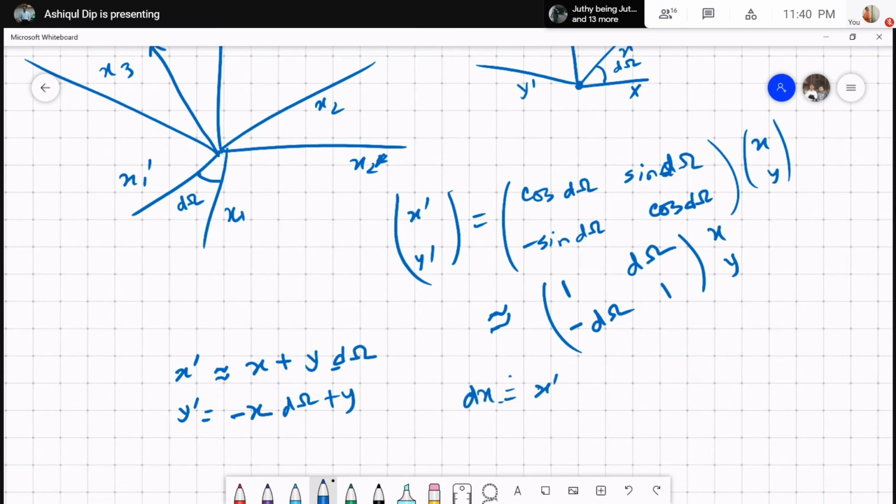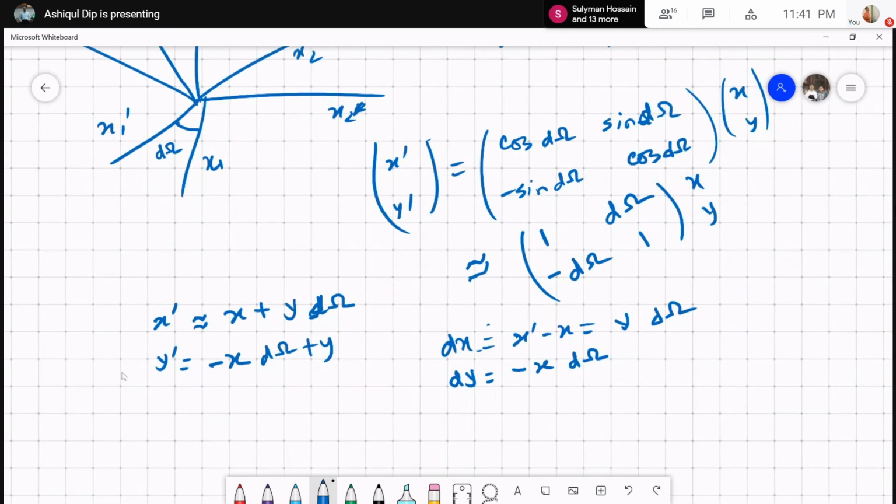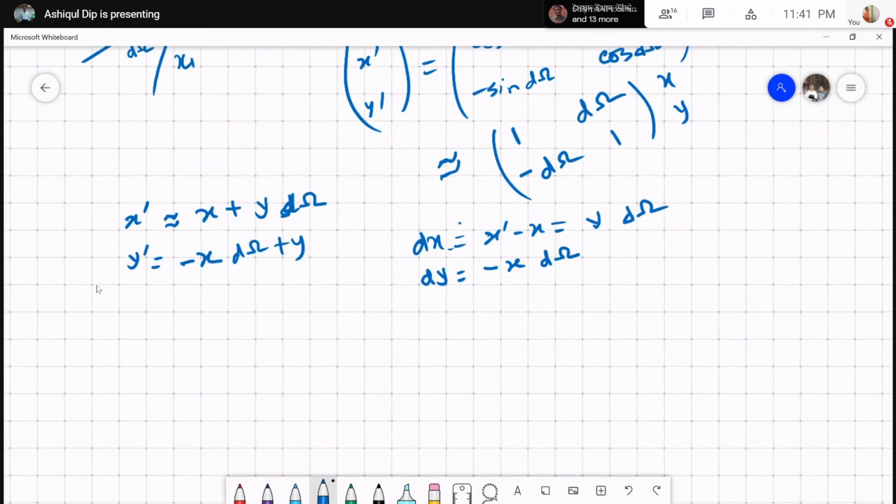How much is this dx? It's y times d omega, right? And dy is negative x d omega. Okay, that's something interesting. So we have basically written dr as something linear in omega and r.